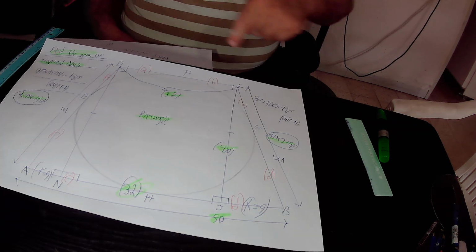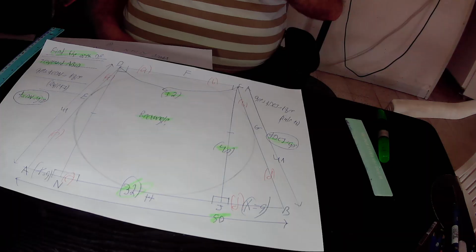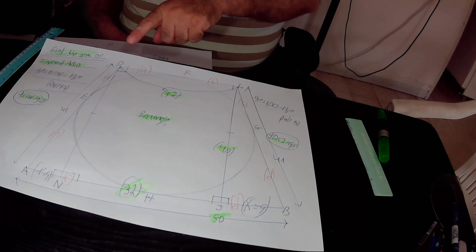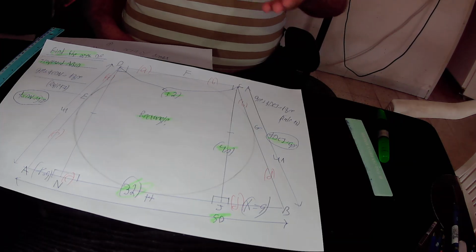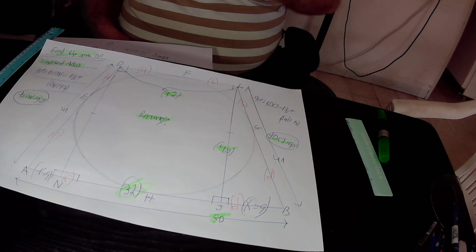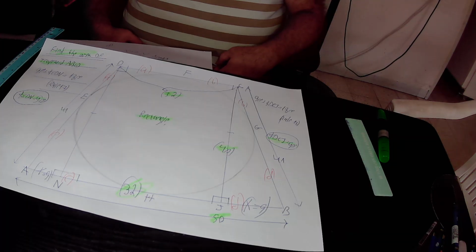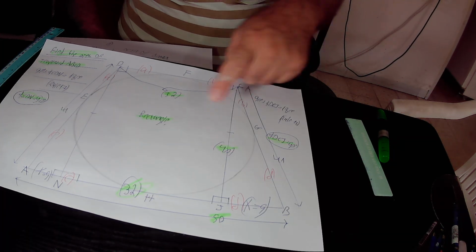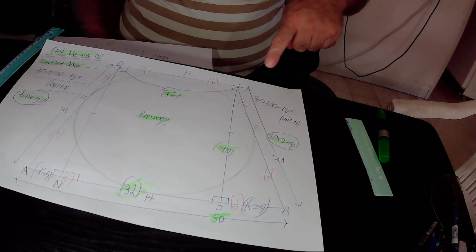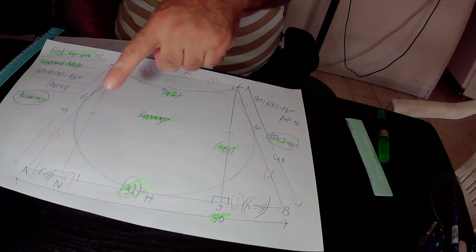So in quadrilateral DCJN, we have four right angles, and therefore according to Rule 5, quadrilateral DCJN is a rectangle. But we also know that the opposite sides of a rectangle are equal to each other. So in rectangle DCJN, side DC must be equal to the opposite side JN.